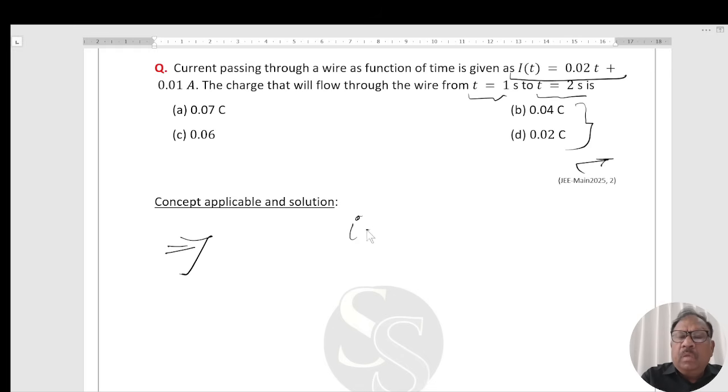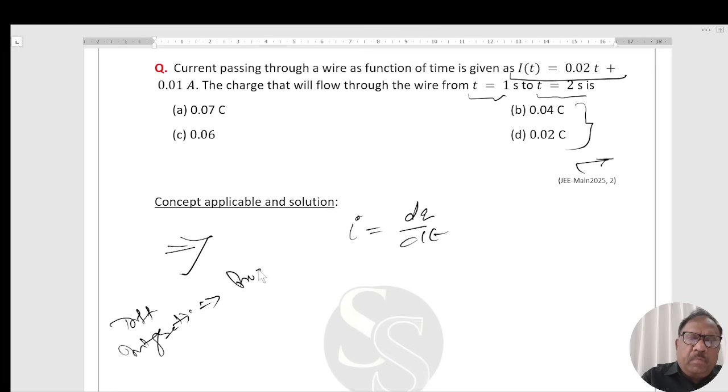Now, concept applicable, solution is: I equal to dq by dt, the rate of change of charge is the current. Now, one is differentiation, one is integration. If the mathematical term comes out to be a product, then think of integration. If a ratio, think of differentiation. Basic concept.